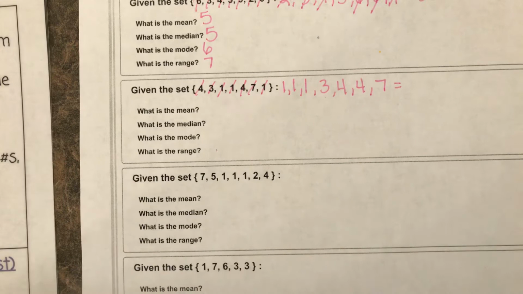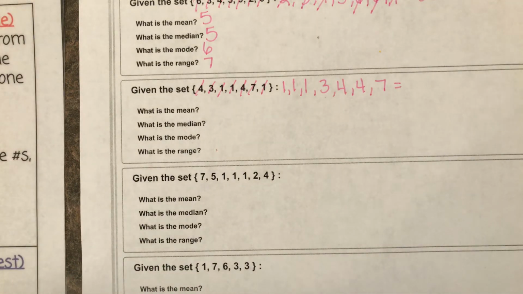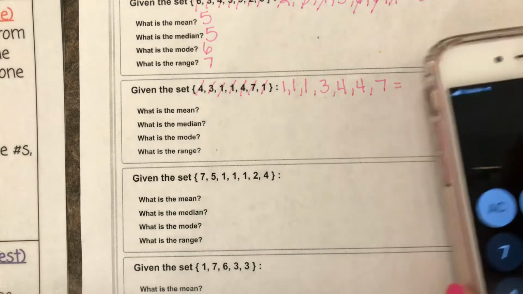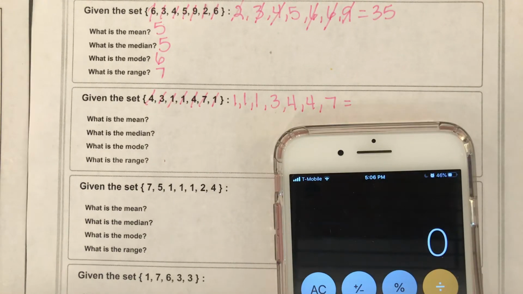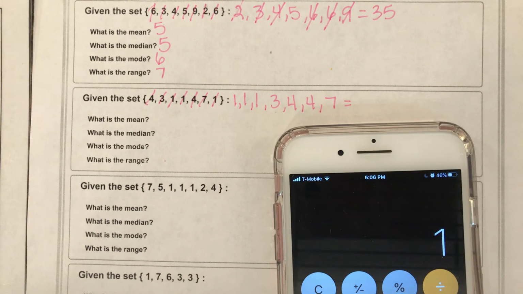Next thing I need to do, add them together. All right, let me move this over here so you can see it. So 1 plus 1 plus 1 plus 3 and 4, 4 and 7, 21.